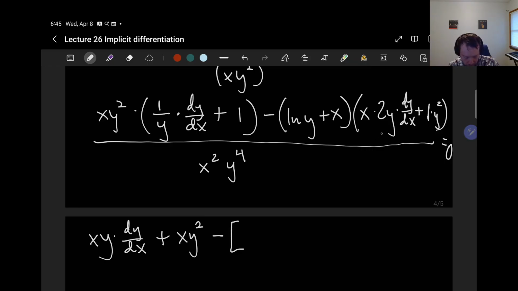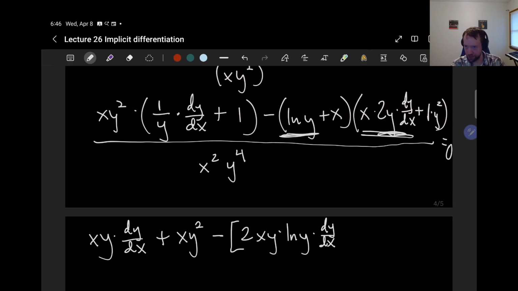And I'm going to rearrange the order of these things a little bit. Nice to write the 2 first, and then the xy. So I just wrote this part. And then I'm going to write the times ln of y, and then the times dy dx. So just did the product of these first things here, but I wrote it in a nicer order. So that's the first part of the FOIL.